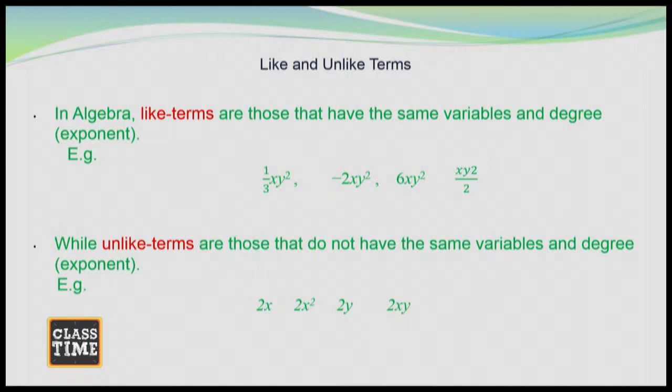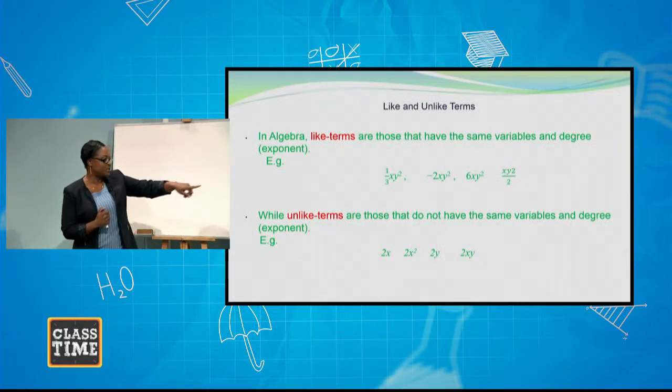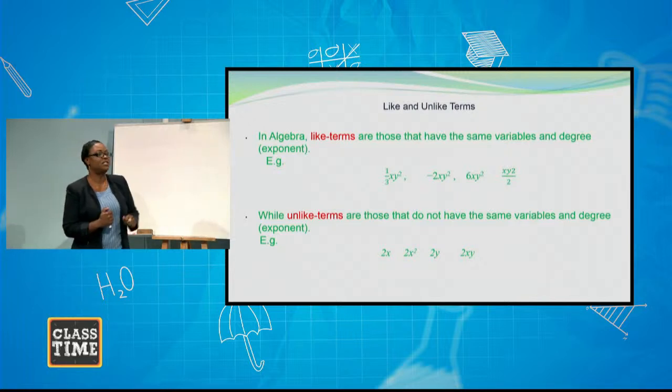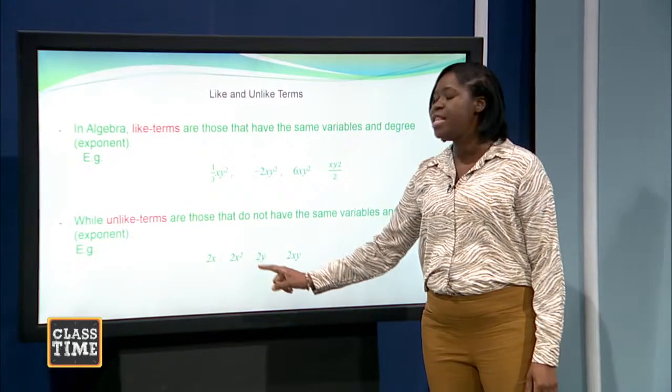So while we are looking at the variables, I'm seeing x and x, but the degrees, the exponents, are different. One is raised to the power of 1, while the other is raised to the power of 2.